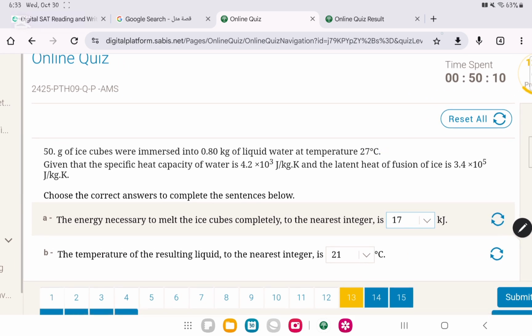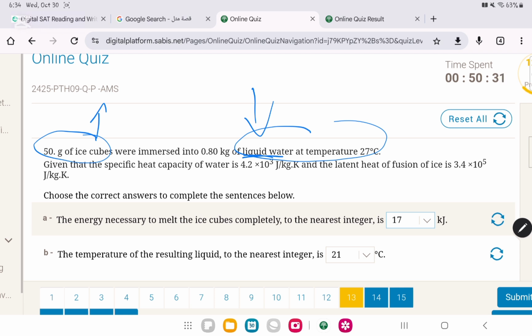So let me explain one more thing that I forgot to mention: you're adding ice cubes to liquid water, okay? So that means the temperature of the liquid water is going to decrease, whereas the temperature of the ice cubes is going to increase.